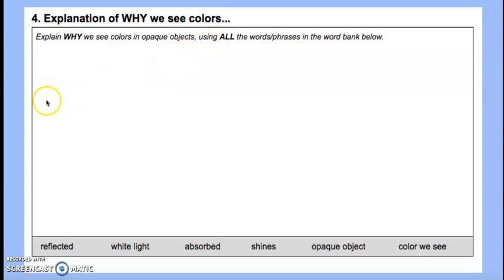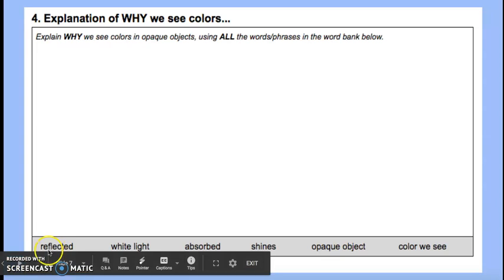So you're going to start out: I see color in opaque objects because, and you're going to use the words reflected, white light, absorbed, shines, opaque object, and color we see. If you use all these words, you understand why we see color in opaque objects.